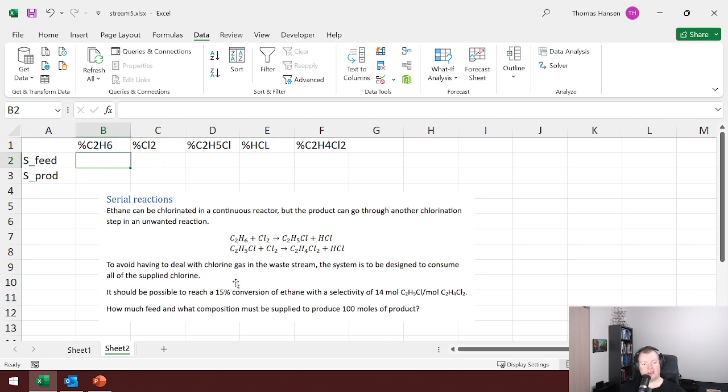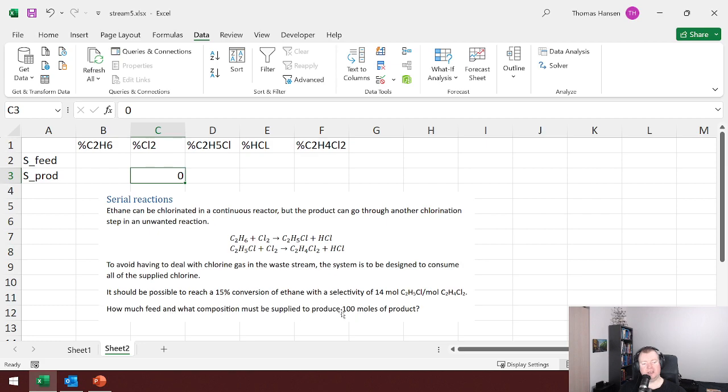And what else are we told? The system is to be designed to consume all of the supplied chlorine. So that first information already I can say, well, that means my percentage is going to be 0 for my chlorine. It should be possible to reach a 15% conversion of ethane, and a certain selectivity.